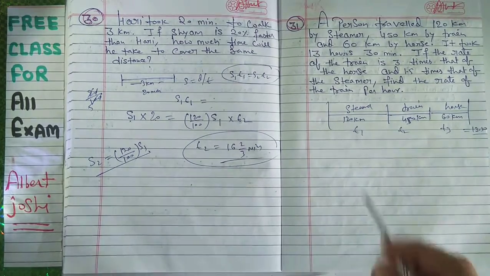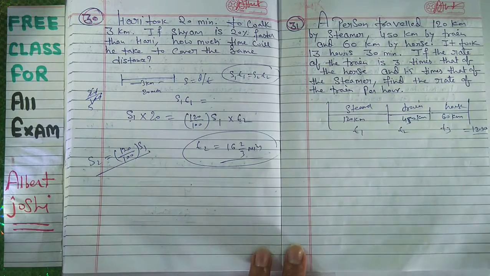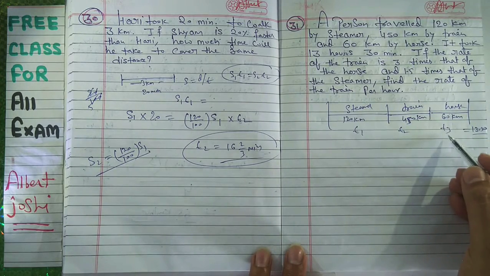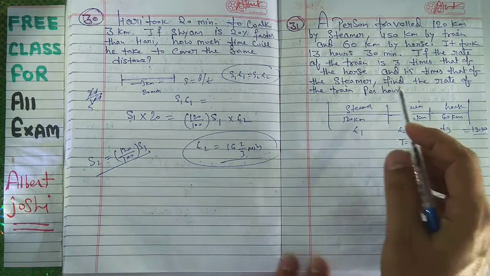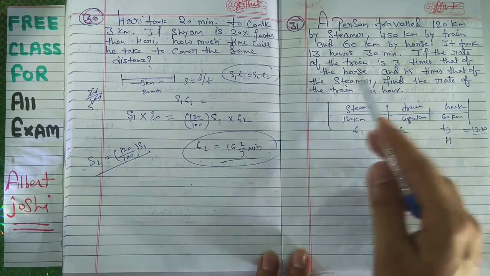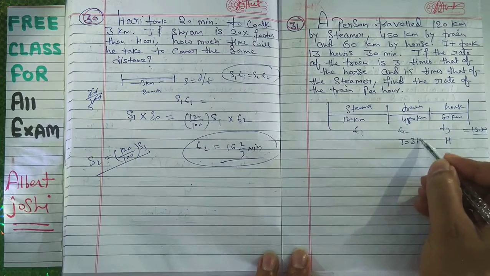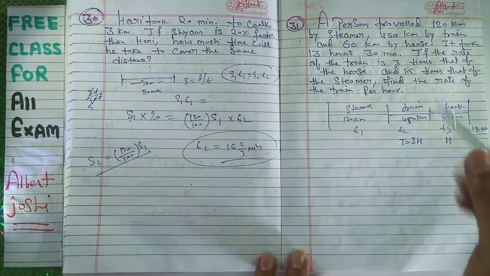If the rate of the train is 3 times that of the horse, if horse speed is equal to h, then train speed is equal to 3h, and 1.5 times that of the steamer.